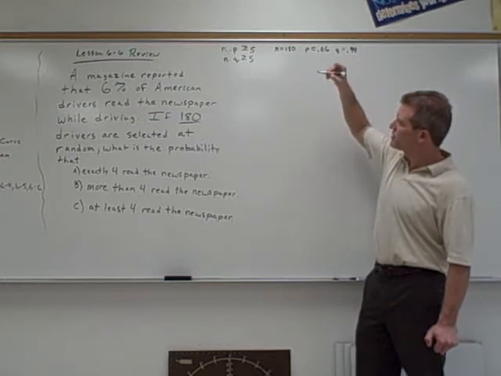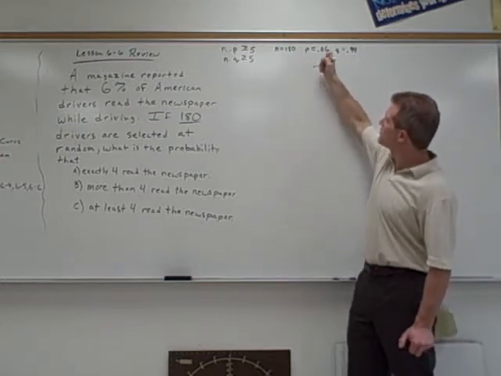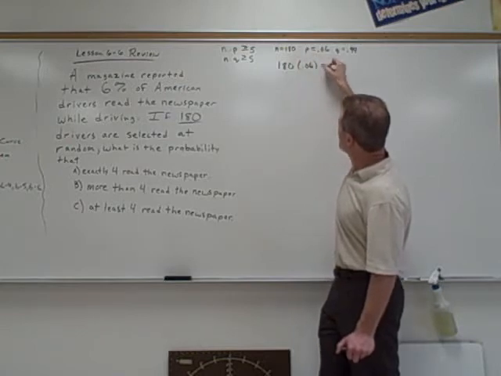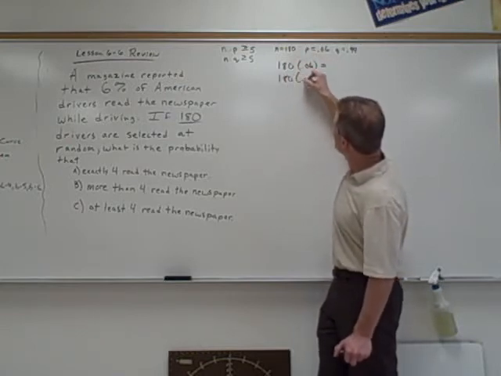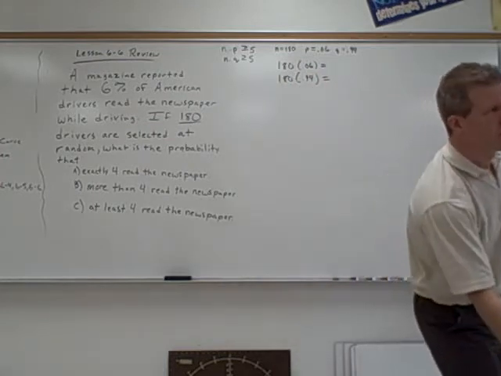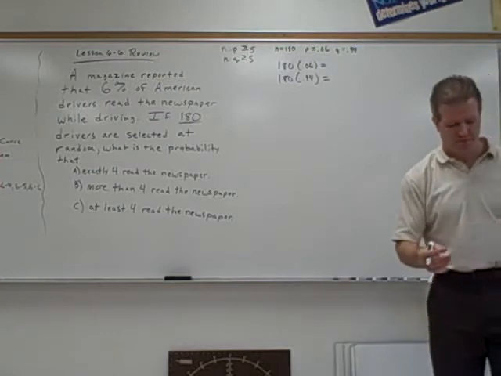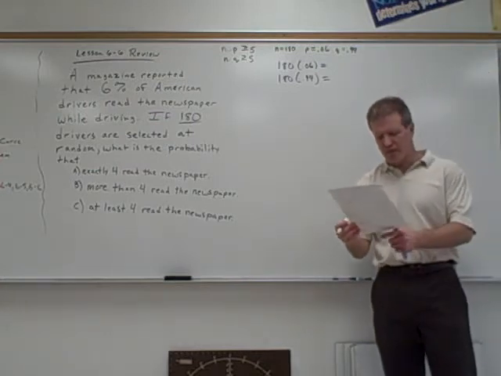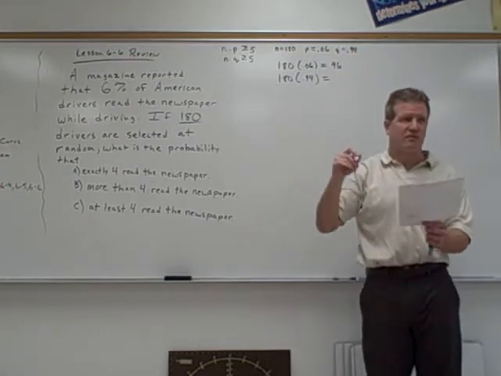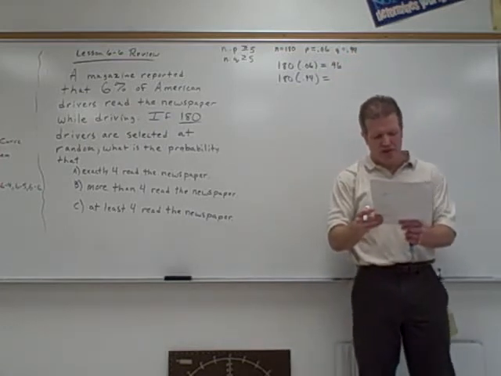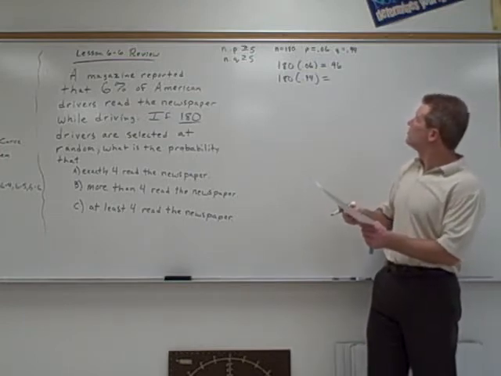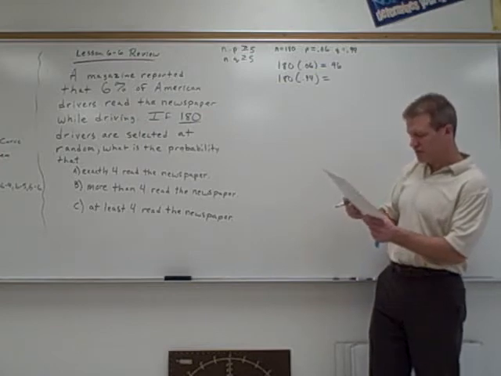To see if we can use this method, we need to take 180 times 0.06, and 180 times 0.94. As long as both of those answers are 5 or bigger, we can use the normal curve. In this case, if you take n times p, you get 96, which is definitely bigger than 5. And if you take n times q, did I do that right?